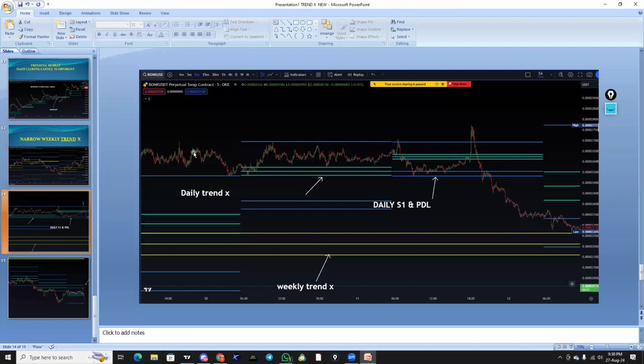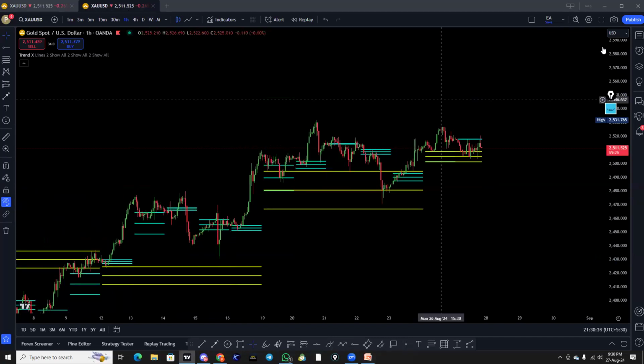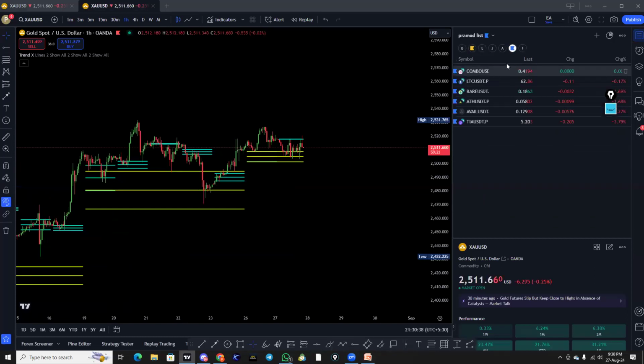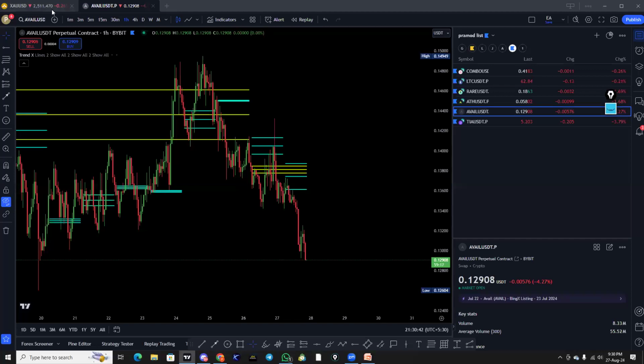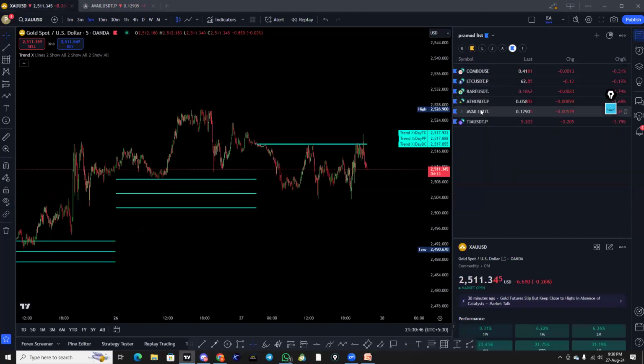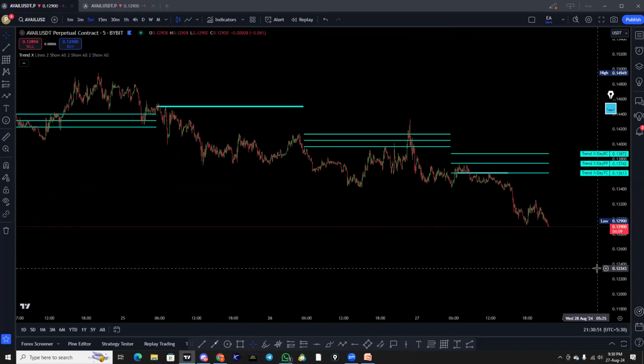So what I do usually, first I look where the candles are. If candles are below weekly, I look for short positions.